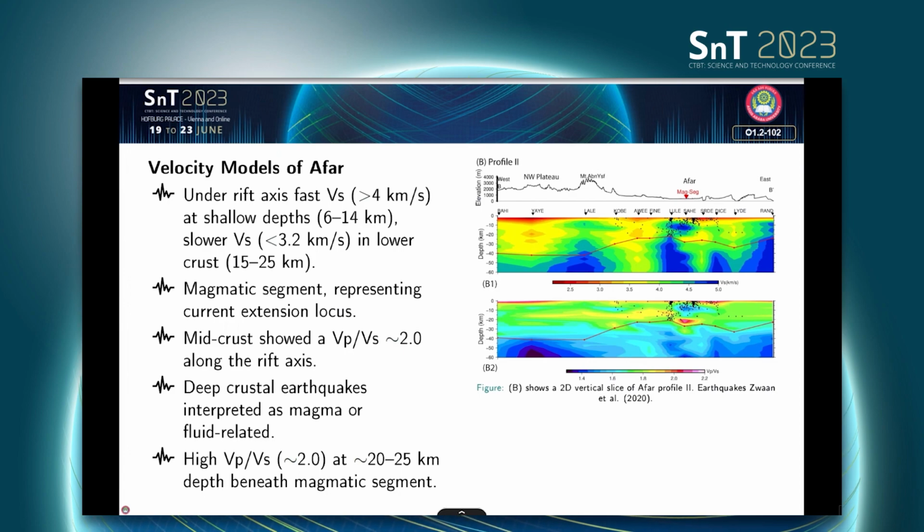These earthquakes have been observed in the rift axis where active rifting is happening, and this rifting is also facilitated by the magmatic intrusion which occurred in the rift axis. So from this we can understand that along the rift axis, high seismicity is observed, and this seismicity is facilitated by the magmatic intrusion.